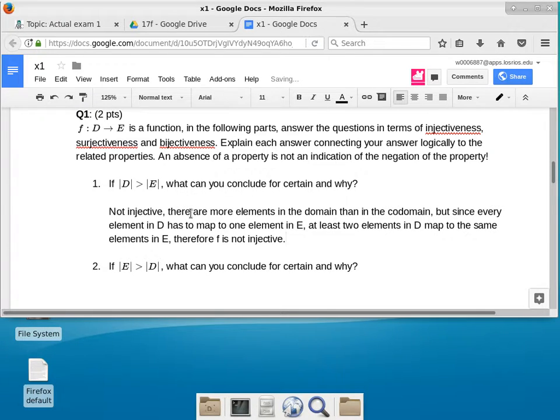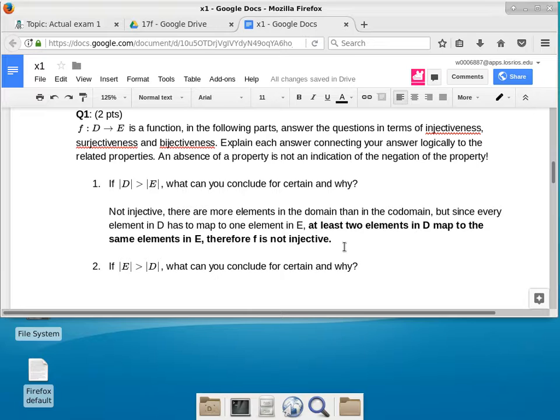So the key part here is to identify that at least two elements in D will have to map to the same thing in E. That is the key. So put a boldface around this one, because that really is the most crucial part of the argument.